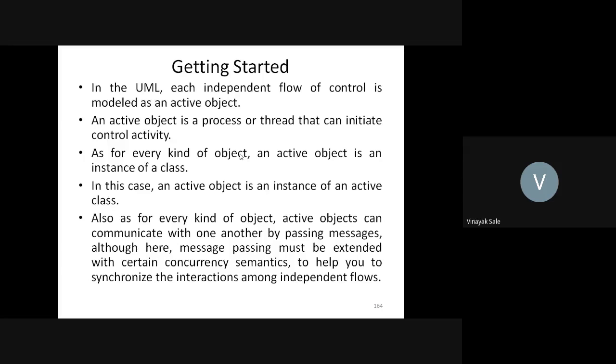Also, as for every kind of object, active objects can communicate with one another by passing messages. Although here message passing must be extended with certain concurrency semantics to help you synchronize the interactions among the independent flows.